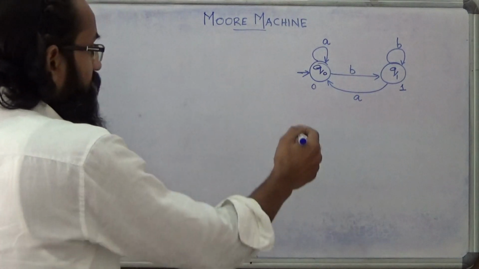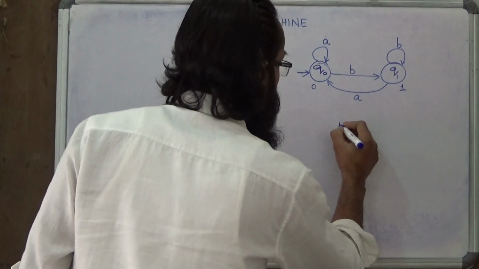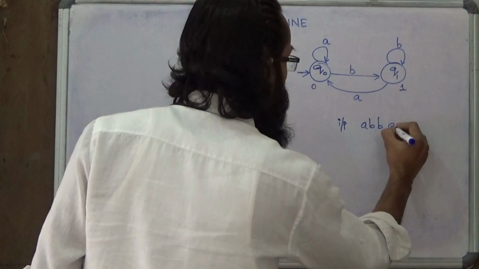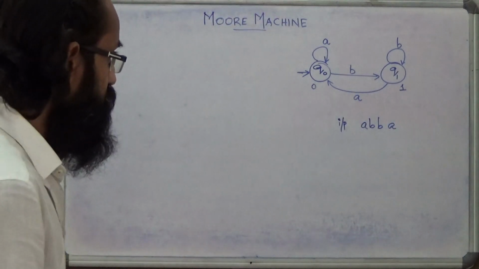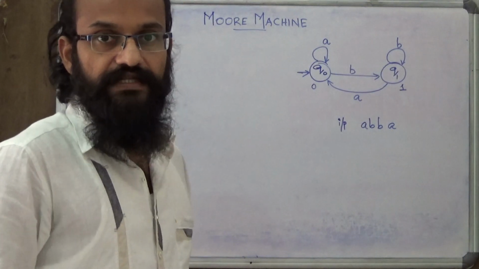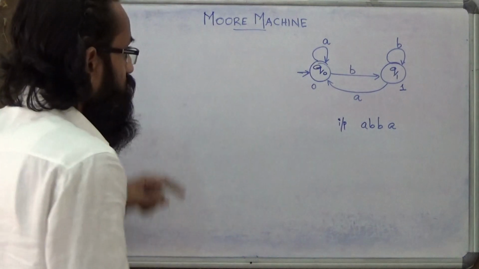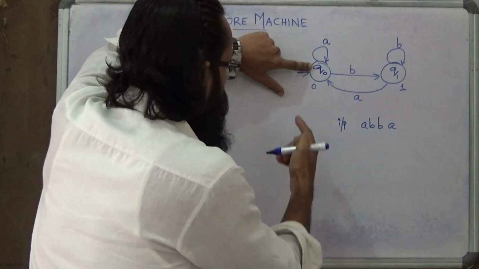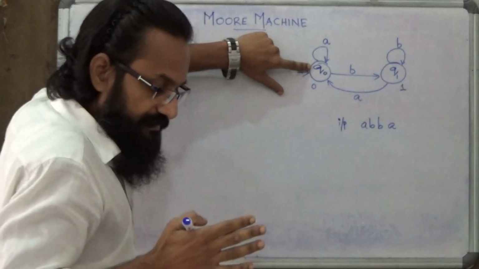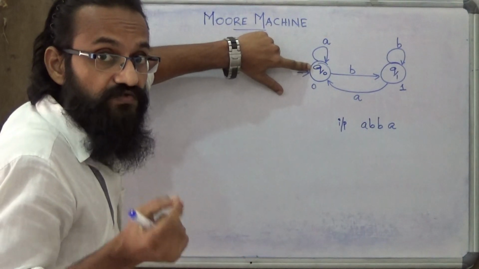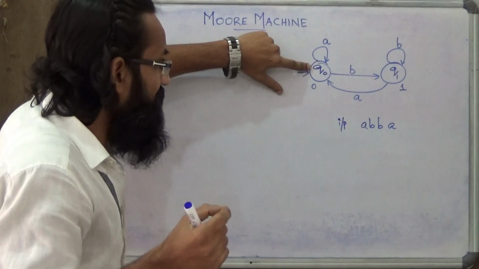So what happens if I feed input A, B, B, A? Without consuming anything, the machine will enter into start state Q0, and whenever the machine reaches a state, it will add the output symbol associated with that state to the output string.